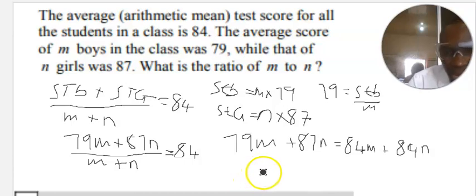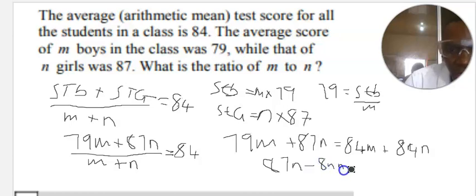We can say that 87N minus 84N is equal to 84M minus 79M.